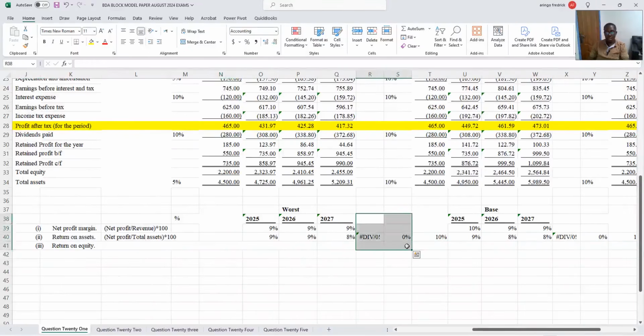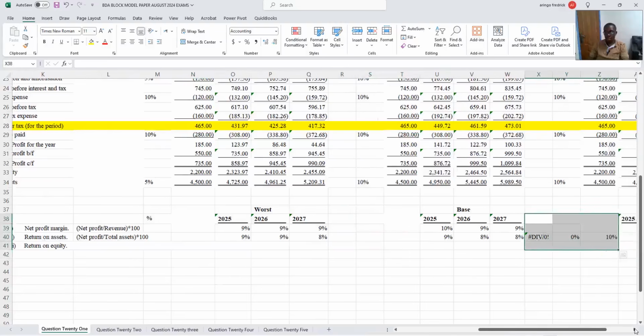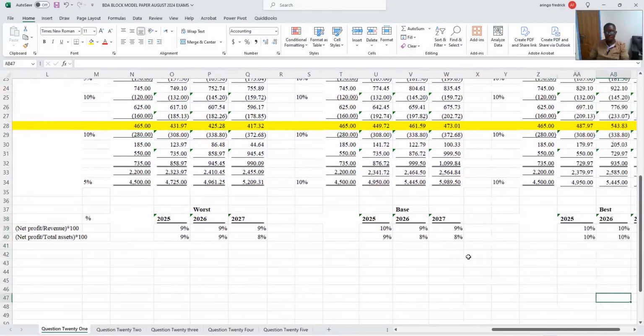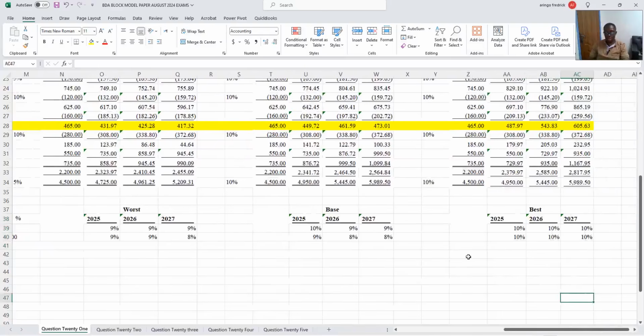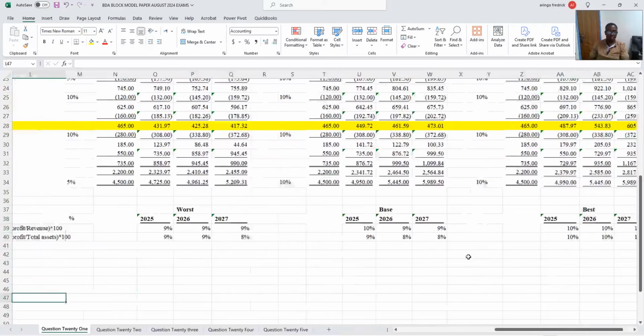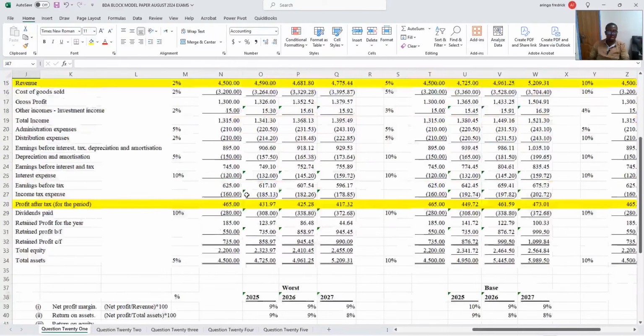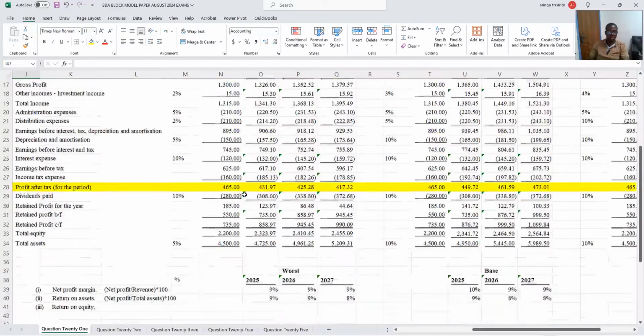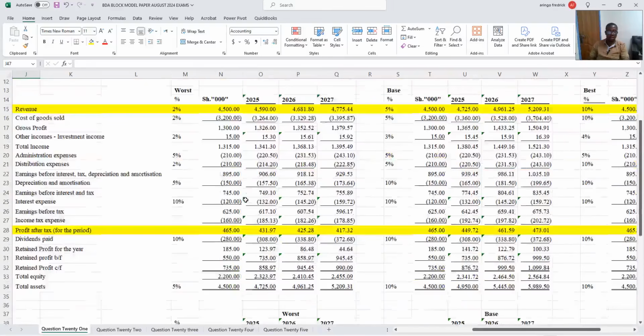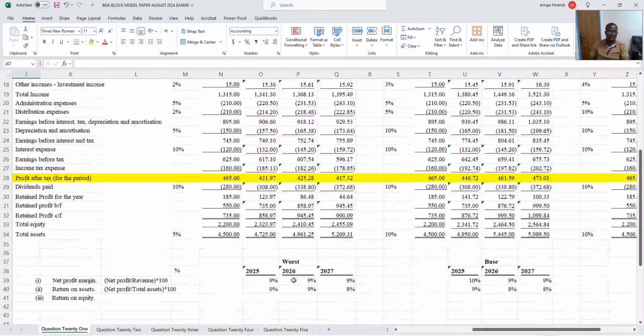So this one we eliminate. I need to eliminate this point so that I remain with the best and worst case scenario. They are the same because maybe you'll find that the total assets and the total revenue are the same as well. So that's the reason why you are getting it at that point.